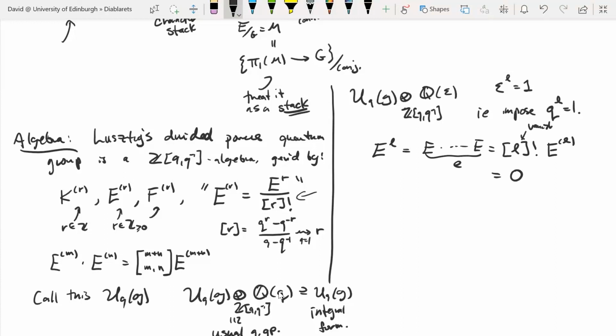That's actually the whole point of this construction. And so what it means is that the small quantum group, the thing where e to the L equals f to the L equals 0 and k to the L equals 1, sits inside the big quantum group. And here I'm specializing q to the L equals 1, and I'm not going to keep writing that.